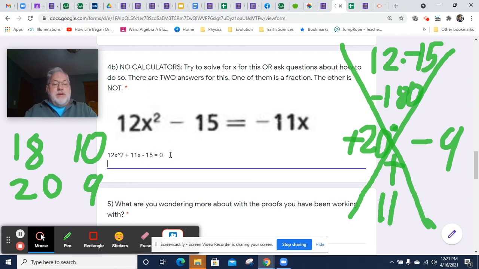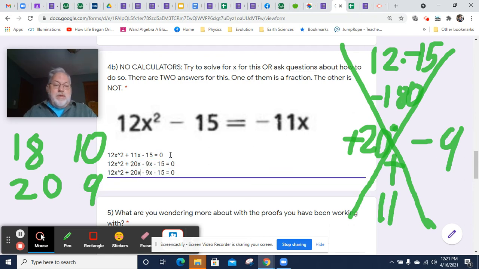So I'm going to take this equation, and I'm going to use that 20 and that negative 9, and I'm going to break up 11x into 20x minus 9x. That's the same as 11x. I'm going to copy that, and we're going to group things.